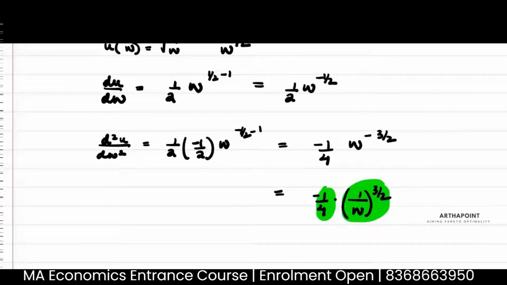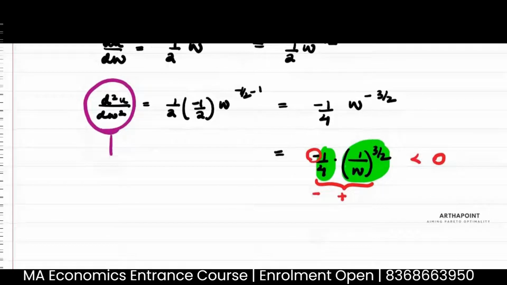So this entire thing is positive and it is followed by a negative sign, so this becomes less than 0. Since the double derivative is negative, I can be assured that it is a concave utility function.